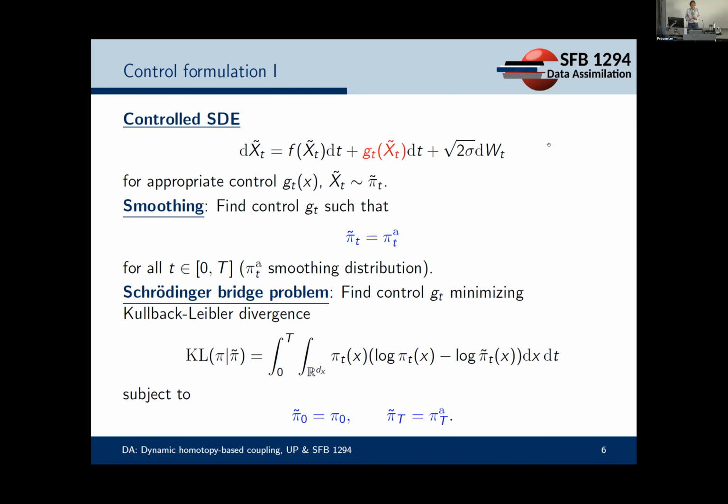It's called a Schrödinger bridge problem, a generalization of a famous problem first posed by Schrödinger. And so it becomes a boundary value problem. You prescribe the two distributions, and then you want to find the control term that exactly bridges these two.